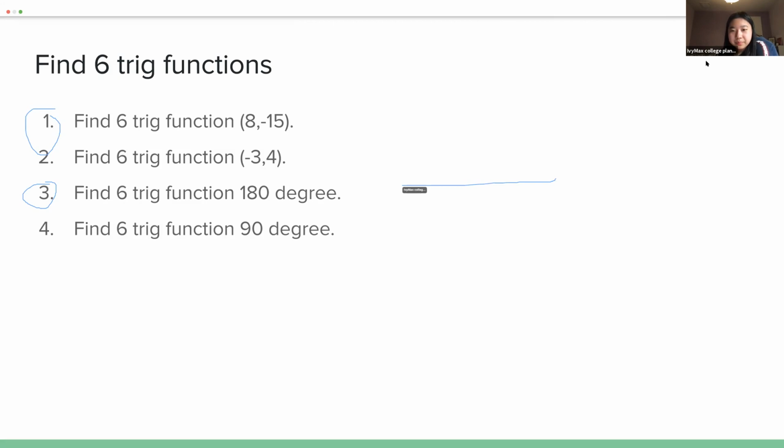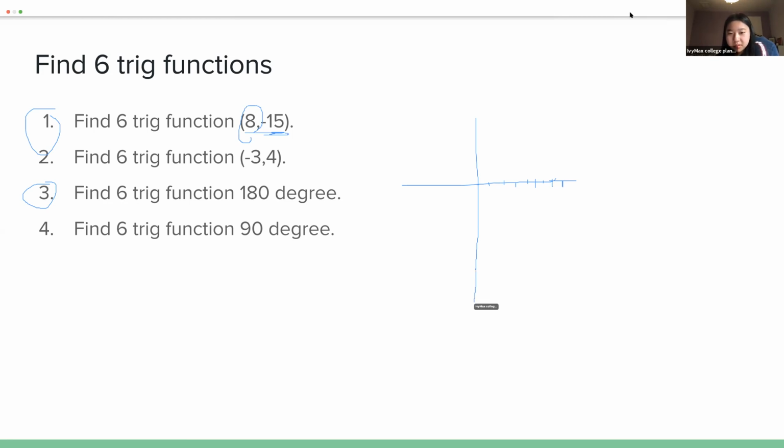So first of all, you draw this, and then your x coordinate is positive 8. So you count 1, 2, 3, 4, 5, 6, 7, 8, and then your point should be right here. But the y coordinate is negative 15.